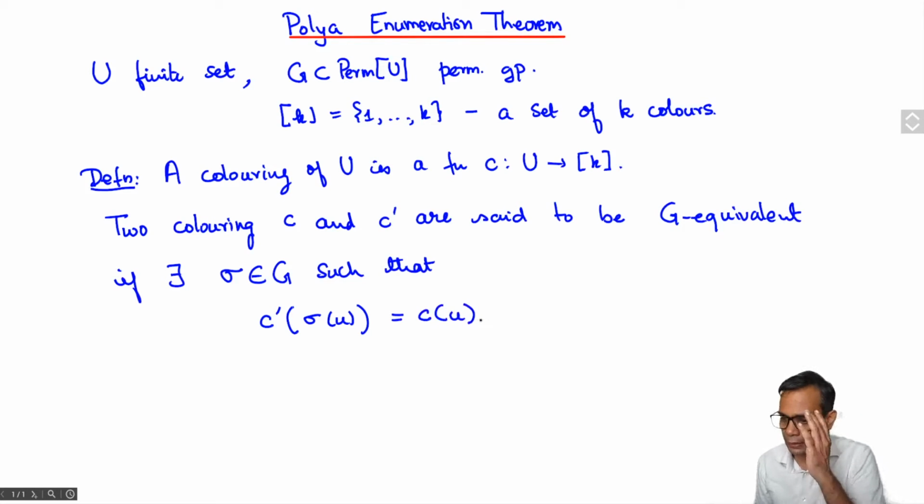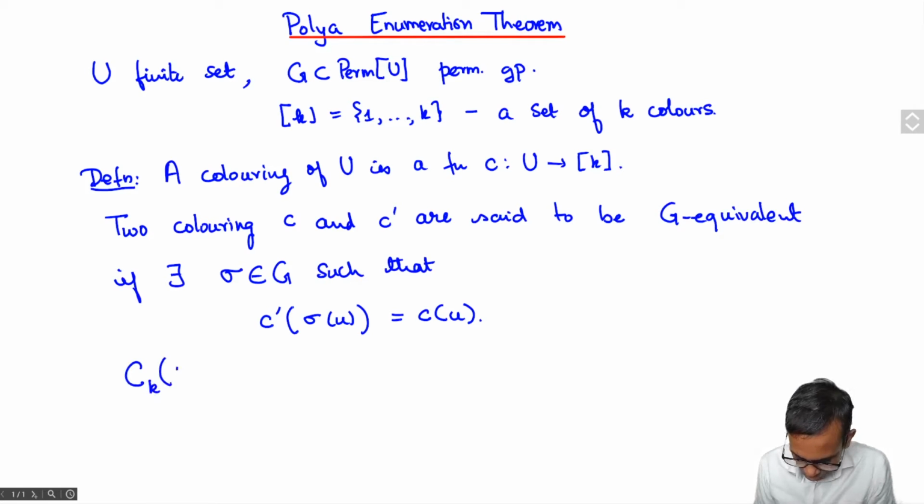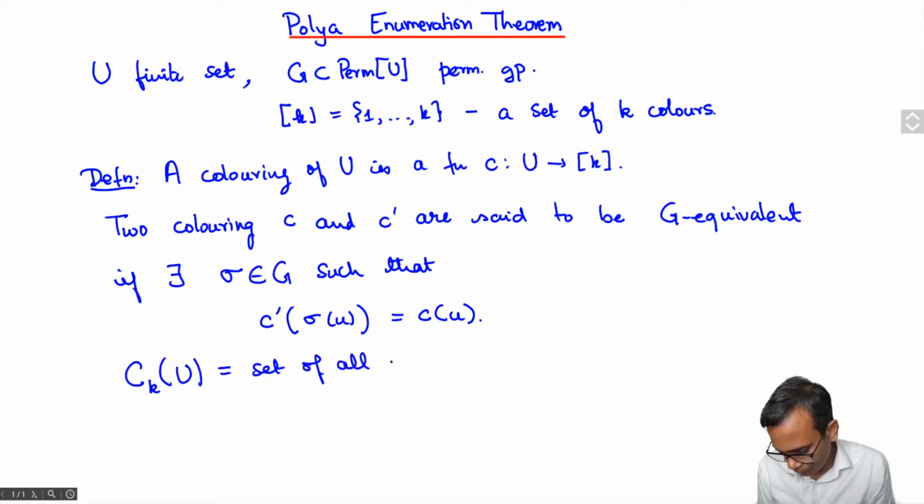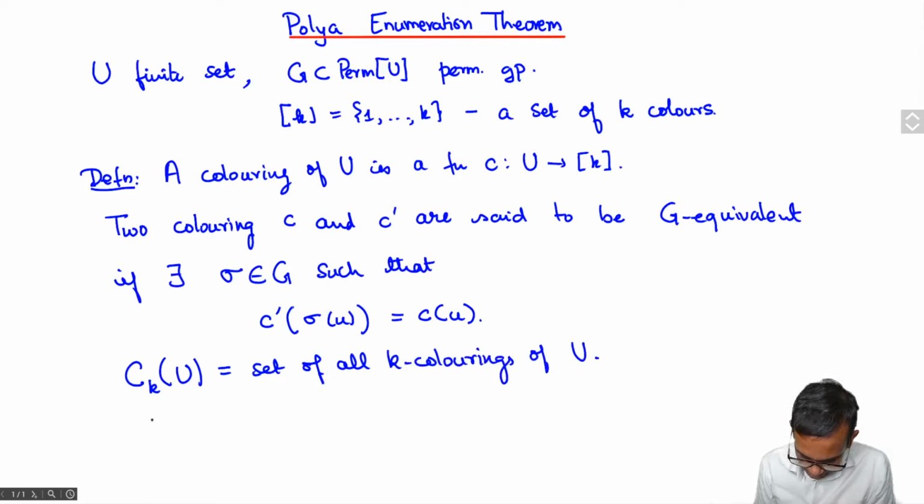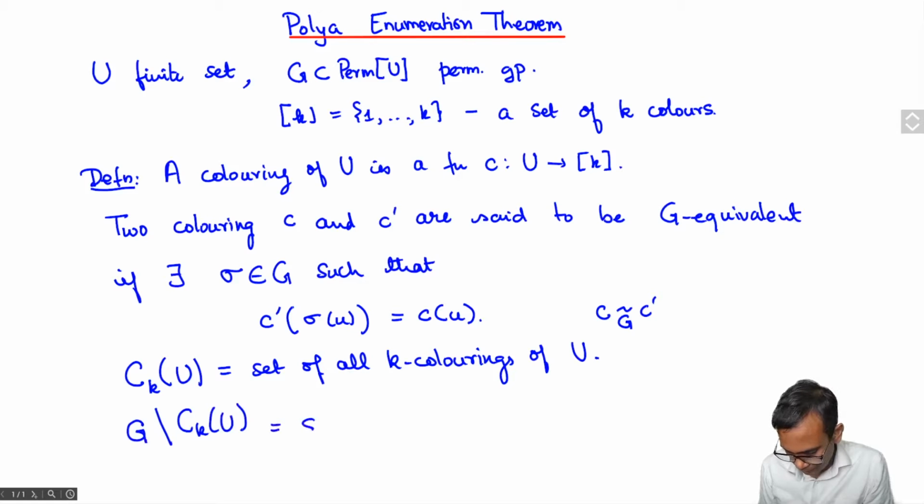Okay, so let me just define some notation here. We'll say C_K(U) is the set of all K colorings of U. I'll say C is equivalent to C prime under G if C and C prime are G equivalent, and we'll use the notation G mod C_K(U) to denote the set of orbits, the set of equivalence classes of K colorings.